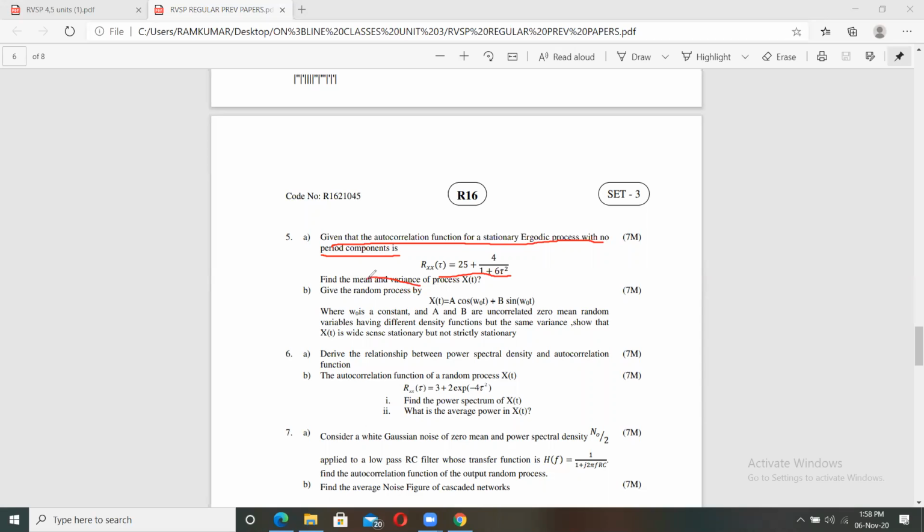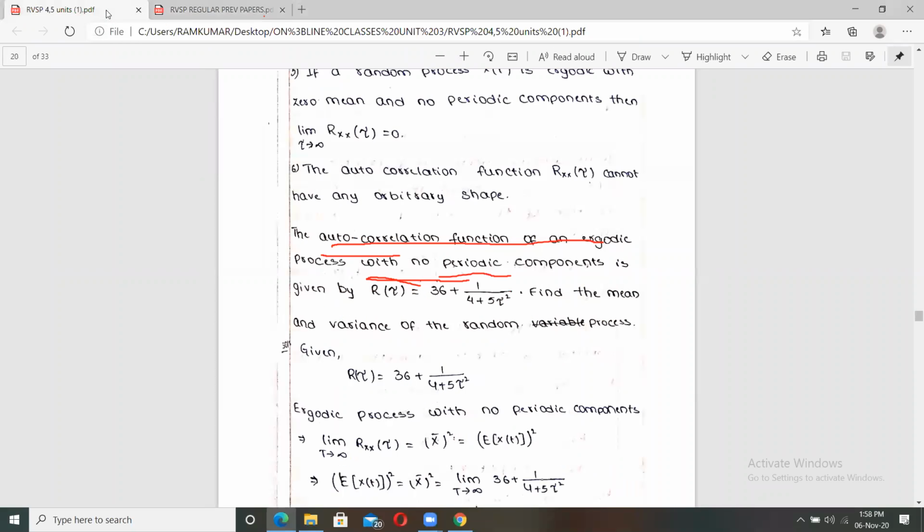Find the mean and variance of a random process x of t. This is the problem: the autocorrelation function of an ergodic process with no periodic components is given by R of tau equal to 36 plus 1 by 4 plus 5 tau square. Find the mean and variance.